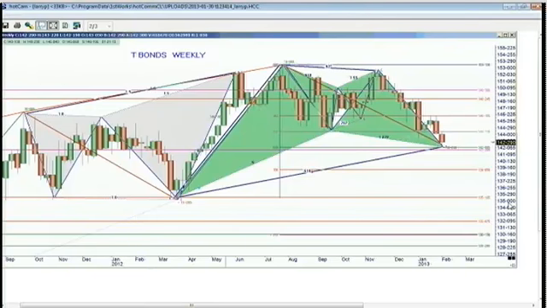But this is a really important time frame in the Treasury bonds. In fact, it's important in everything. I mean, it's in the commodities, it's in the stock market, it's in the bond market. So these cycles that we're over are quite important. But the level of this 142 and change in the Treasury bonds is very, very important.